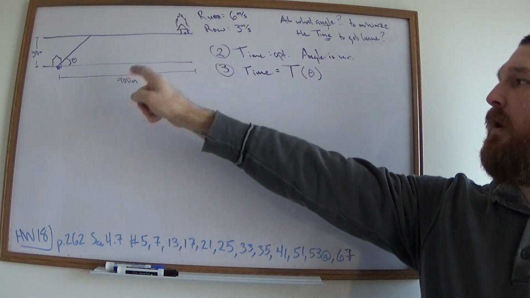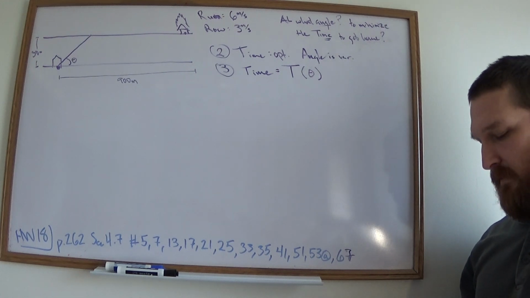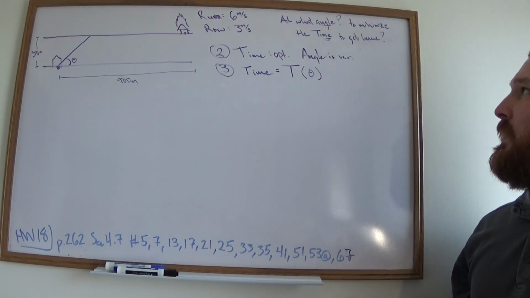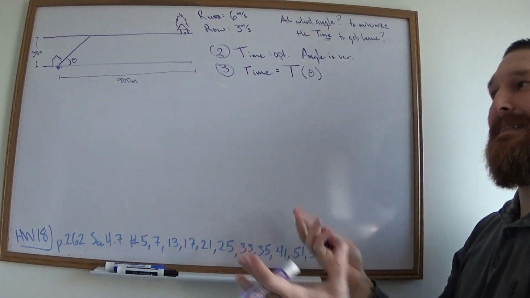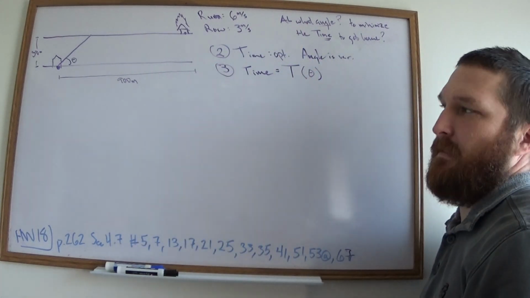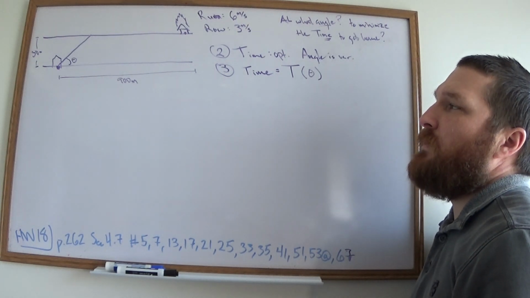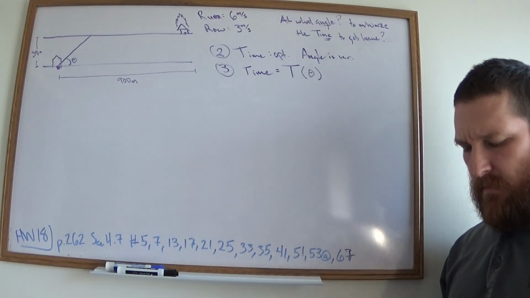But as of right now, they haven't given us any times. All we have are rates, and distances. So, given a distance and a rate, can we get a time?